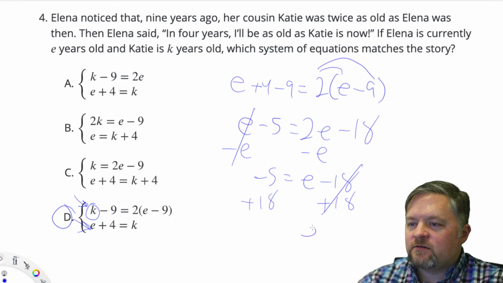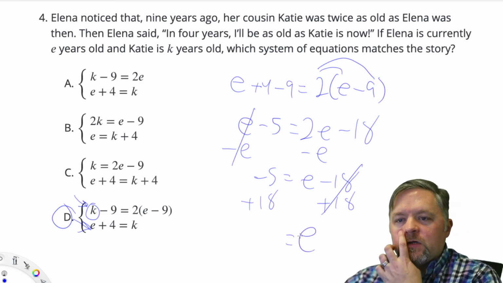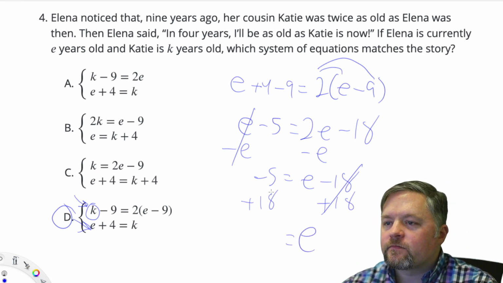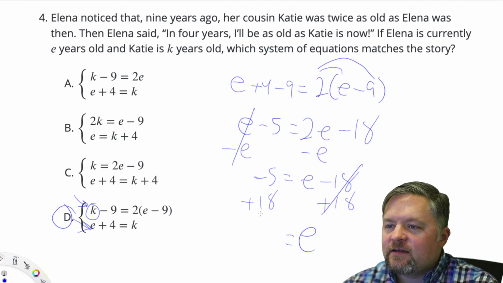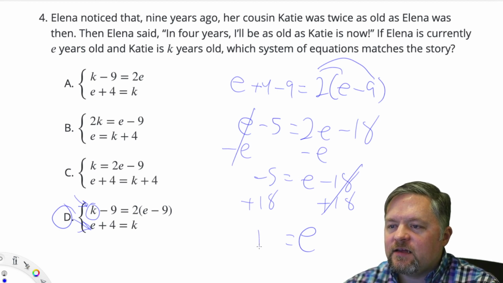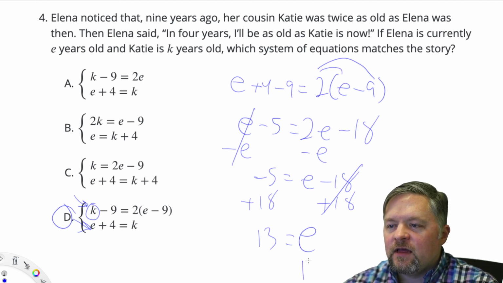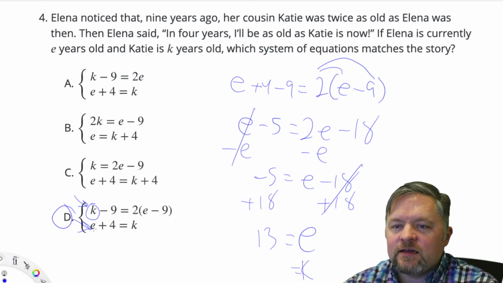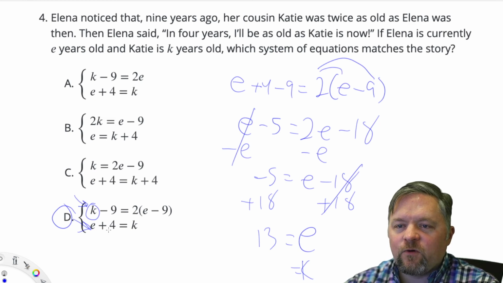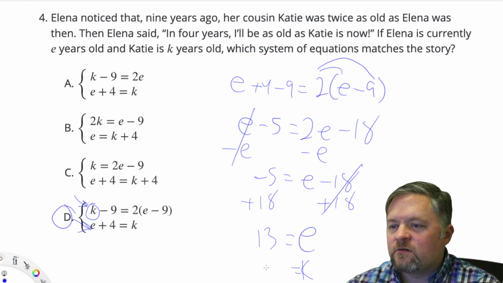Those will cancel, and E equals negative 5 plus 18 is 13. Elena is 13 years old. And Katie is E plus 4. 13 plus 4 is 17.